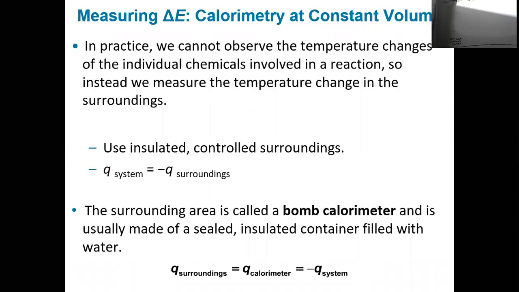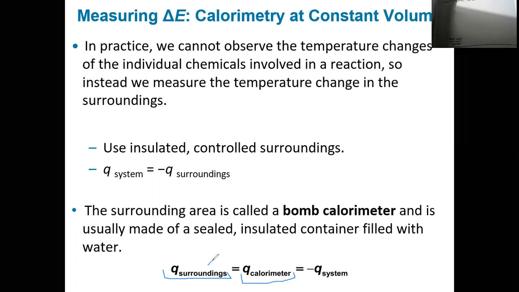Now, because it is such a rigid container, when the reaction happens, there will be no volume change in that reaction. All right, so the temperature change that we're going to measure, that Q value, is going to be directly related to that delta E value. Also of note is that the Q of the surroundings, which would be your water in this case, is going to be equivalent to the Q of your calorimeter.